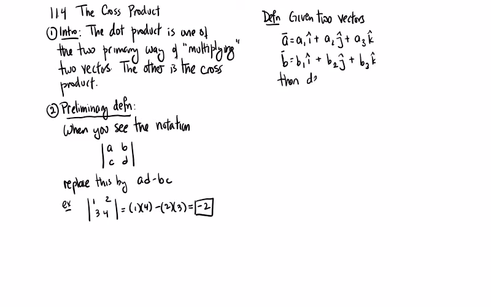Then we'll define the cross product. This is also sometimes known as the vector product, AKA the vector product. The reason for this, of course, is it's going to give us a vector.